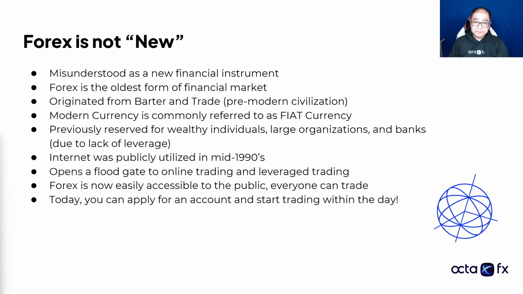Okay. And the reason why I want to talk about fiat currency is because when we talk about currency, a lot of new traders or people that just get to know the market thought cryptocurrency and currency are the same because they have currency at the end of it. They are completely two different asset classes, and that's why I need to clarify.